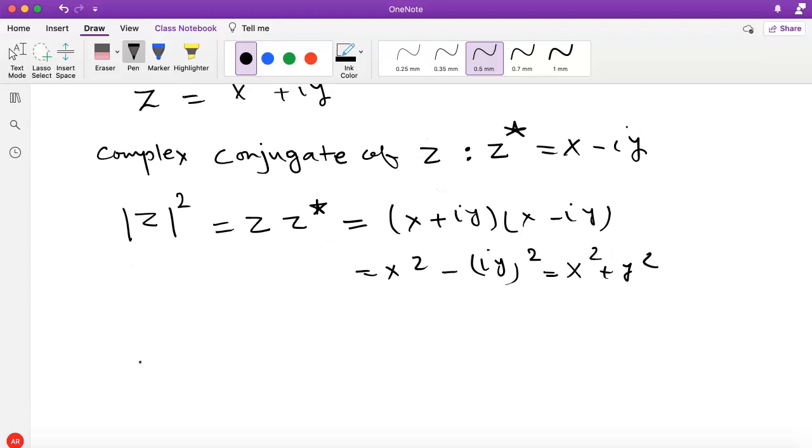Sometimes it's helpful to have a geometric representation. So think about the complex plane, where different points map to different complex numbers. So let's say this is x, this is y, right? For each point you can imagine a complex number x plus i y. And then the associated absolute value squared is this length, this radius from the origin to that point, squared. From the Pythagorean theorem, that's just x squared plus y squared.